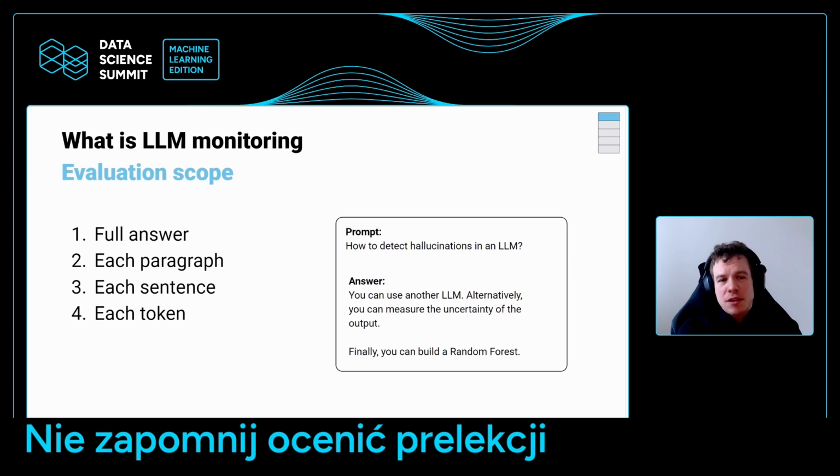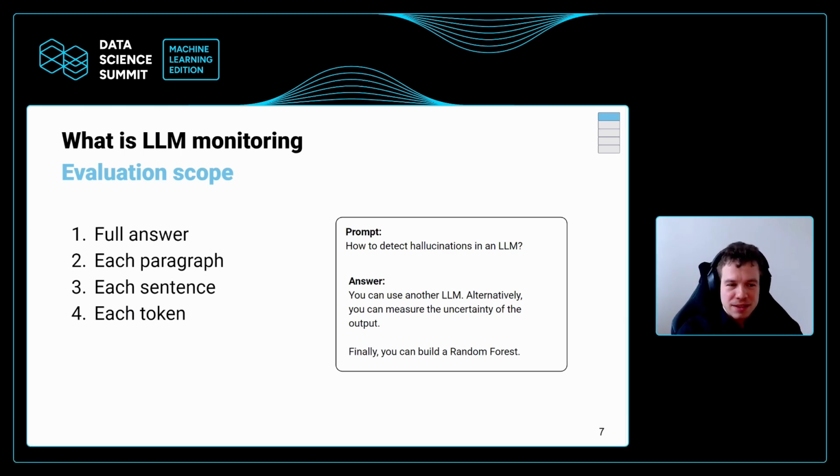So in terms of evaluation scope, how do we detect hallucinations? We can do it in 4 different ways. We can evaluate the full answer. We just look at the entire answer of an LLM, and in one go, we try to see whether that answer is hallucinated or whether it contains hallucinations.